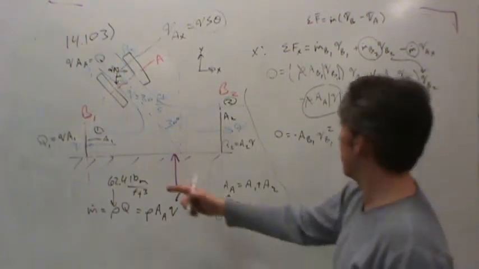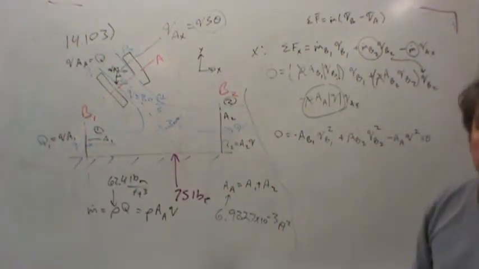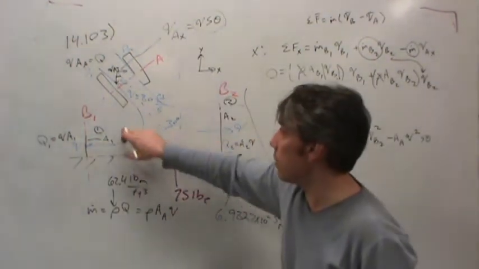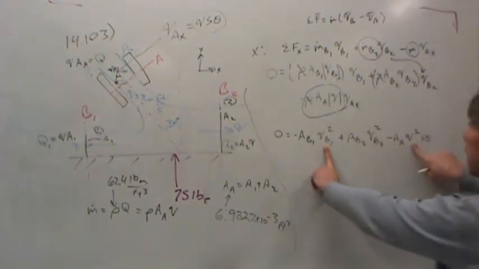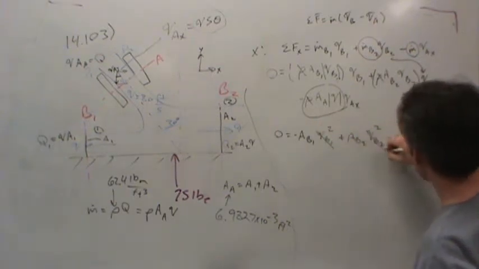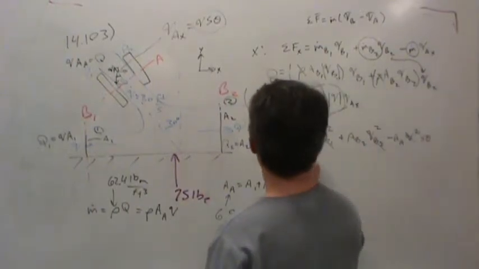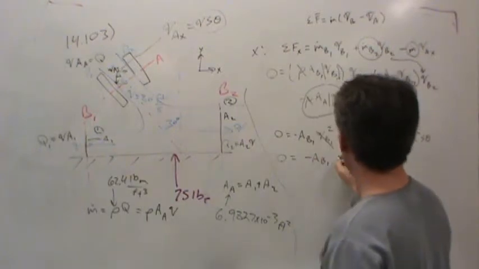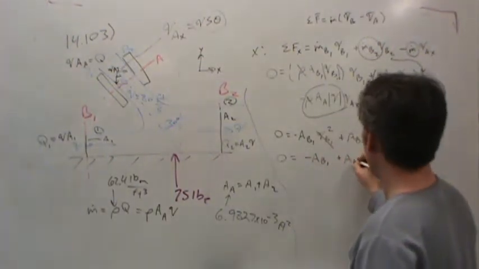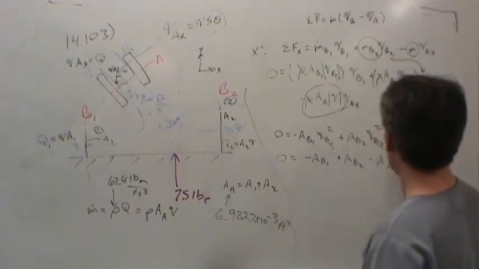Now, is the velocity at B1 and B2 different or the same? We were given that they were the same, right? So the velocity at B1, the velocity at B2, and the velocity at V, these are all the same, and so the square of them will also cross off. Okay. Now what? Well, 0 equals negative area at B1 plus area at B2 less area at A times sine theta.